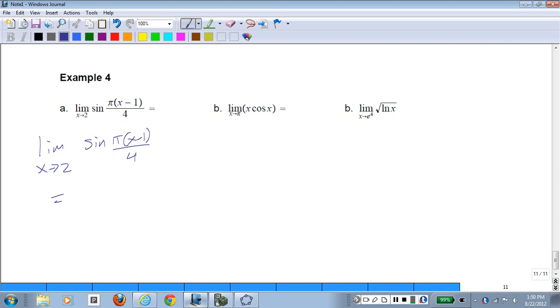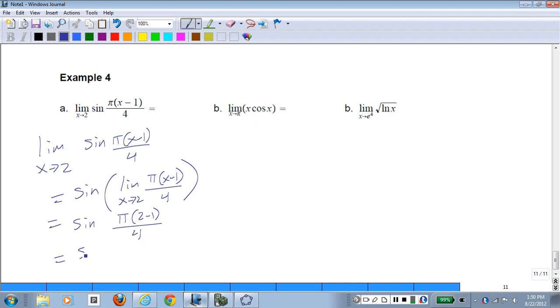So this is going to equal the sine of the limit of pi times x minus 1 over 4 as x approaches 2. So this is the sine of pi times 2 minus 1 over 4. This is the sine of pi over 4.